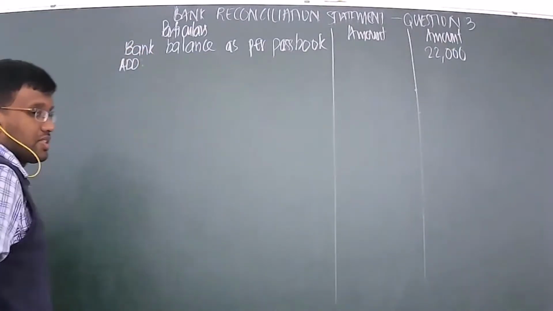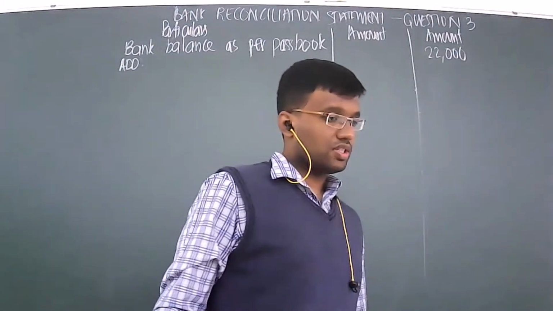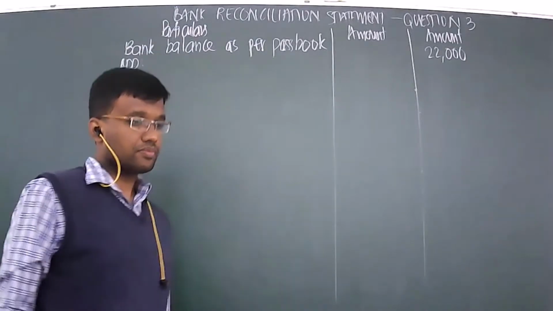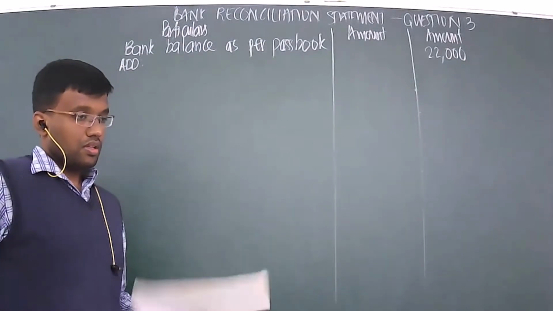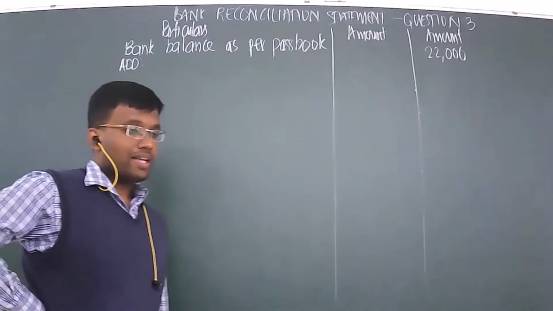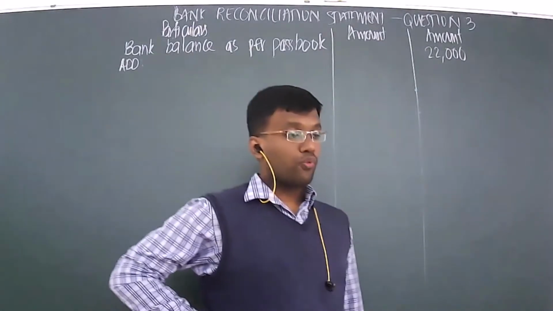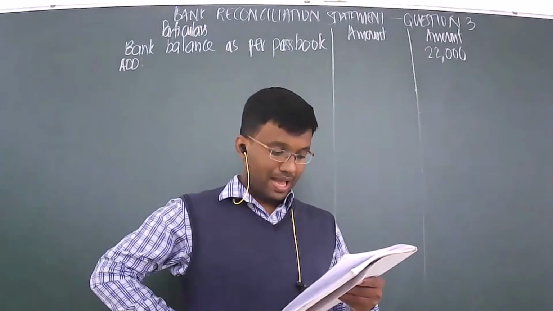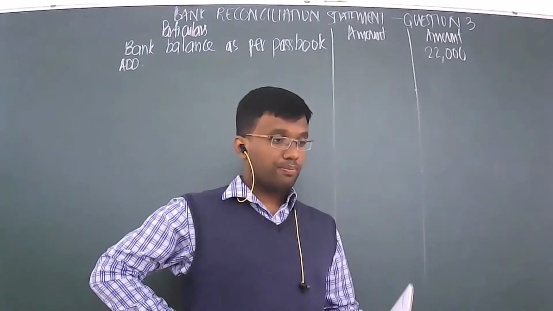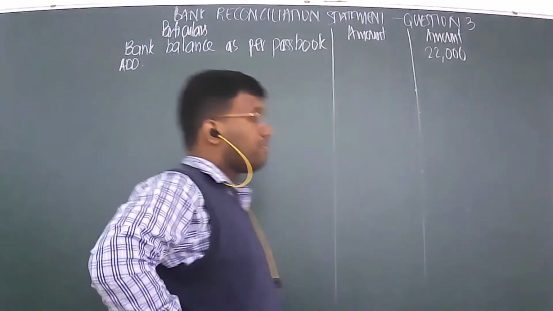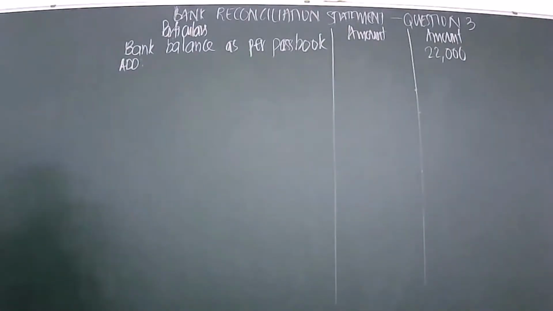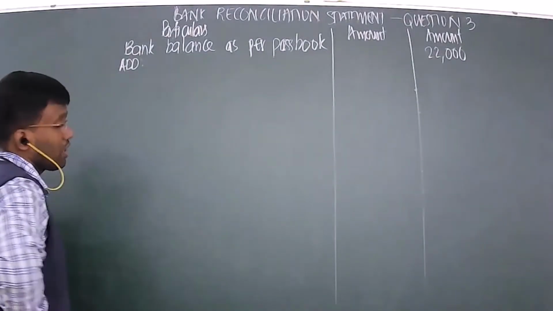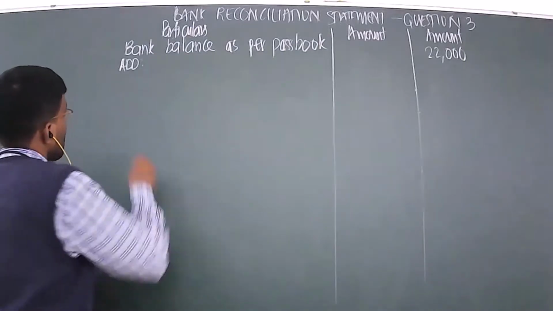There are some transactions that we have to add. The first one is that the bank is yet to clear checks worth 4,000 and 1,000, which are deposited into the bank. So these are transactions that belong to set 2, and in this scenario, set 2 has to be added.